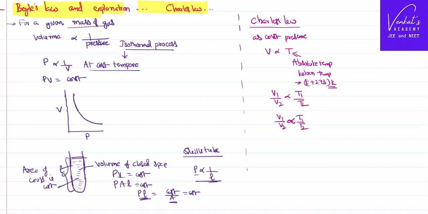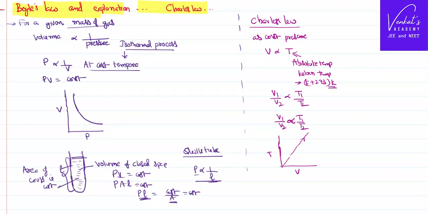Now, it's very clear that being directly proportional to temperature, if you take volume and temperature on the y-axis and x-axis, the graph is going to be, as they are directly proportional, a straight line passing through the origin.